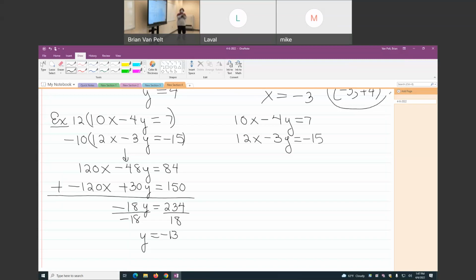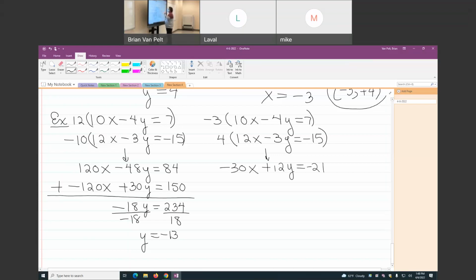All right, how about the y's? How do you wipe them out? Anybody? Okay, you did negative 3 on the first one, and then positive 4 for the second one. As long as you get a 12 and a negative 12, that's all that matters. So I have negative 30x plus 12y equals negative 60, and then we have 48x minus 12y equals negative 60.